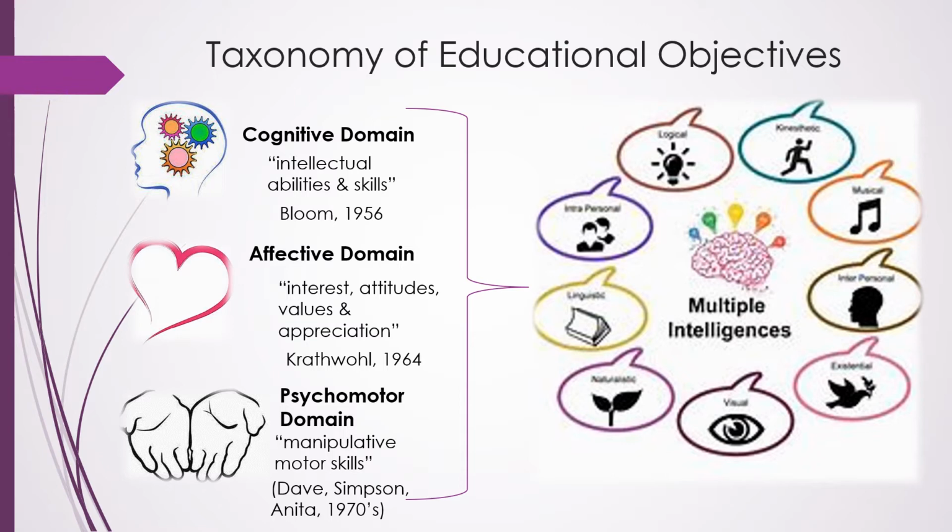Kaya mahalaga ang Taxonomy of Educational Objectives sa pag-identify kung anong klaseng learning objectives or learning outcomes ang pwede nating i-emphasize sa loob ng klase na malaman o ma-develop ng estudyante. Kaya meron tayong list of verbs na ginagamit sa bawat domain. And then we're going to discuss all those things as we go through our lesson.